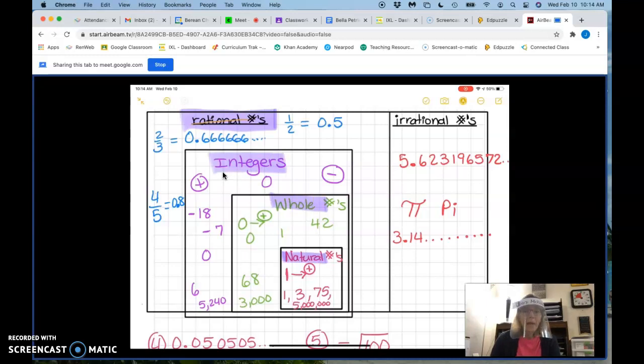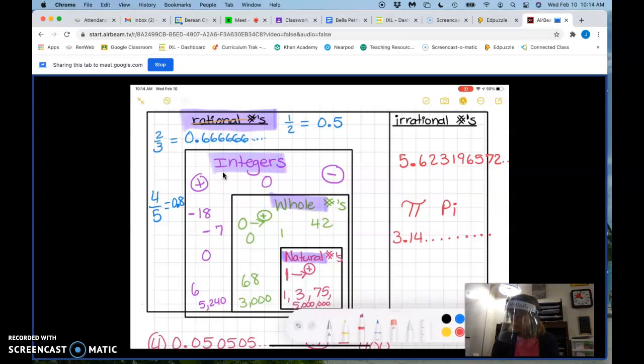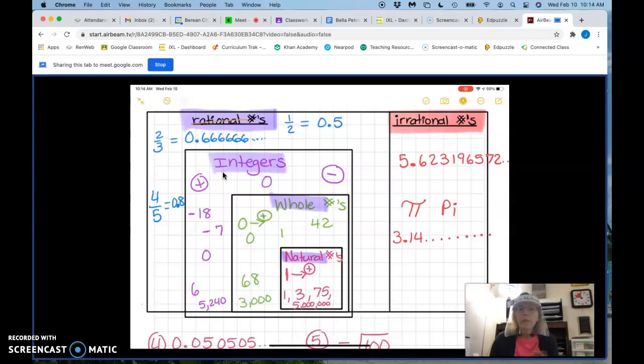It could be all of those, it could be 2 of those, it could be 3 of those, it could be 1 of those. But if it's an irrational number, it's only going to be irrational. All right? So you'll see what I mean after we do a few.